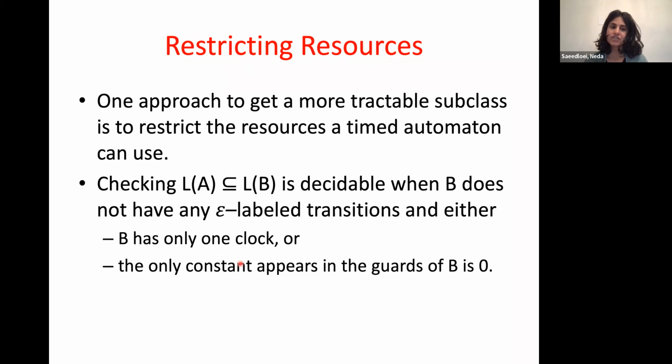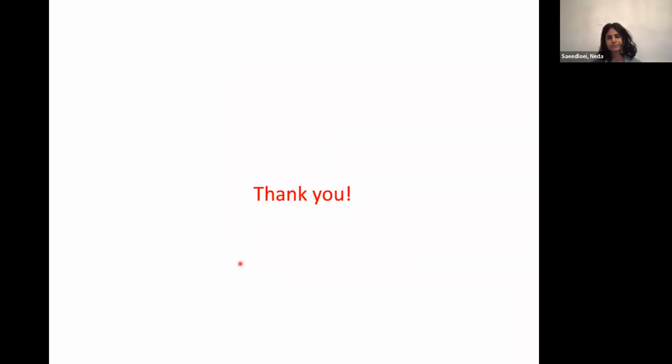And this slide shows that language inclusion can be solved if we do not allow epsilon transitions in automaton B, and moreover, if automaton B has only one clock and the only constant that appears in the guards of B is 0. And that was it.